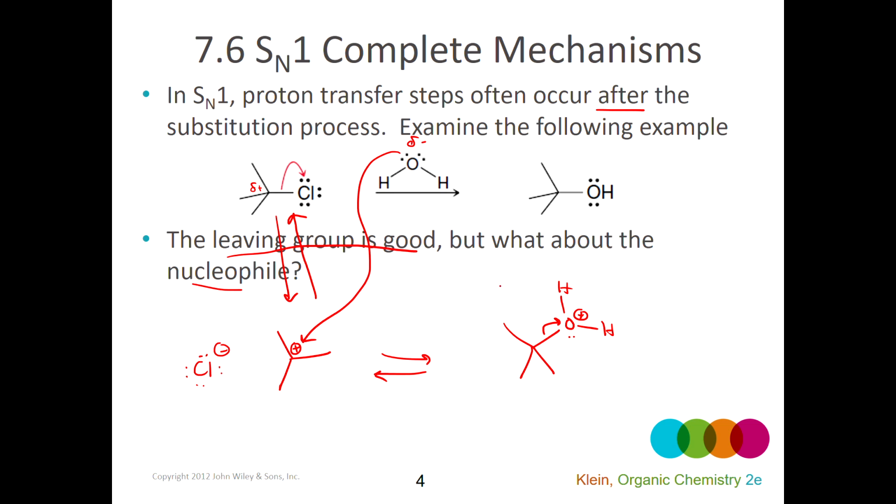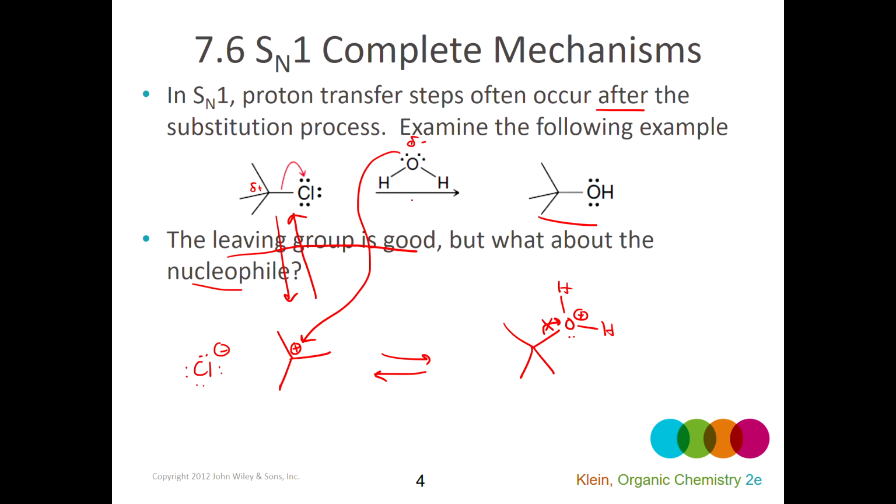So what I would need here to make this final product more stable would be another proton transfer, right? So it's not just a simple loss of a leaving group followed by a nucleophilic attack. We need a proton transfer at the end of the process to stabilize the product so it doesn't continue to just shift back to the reactant side.